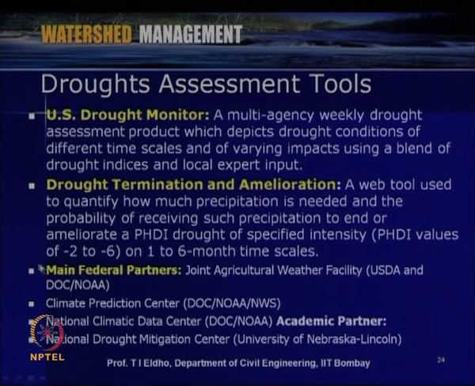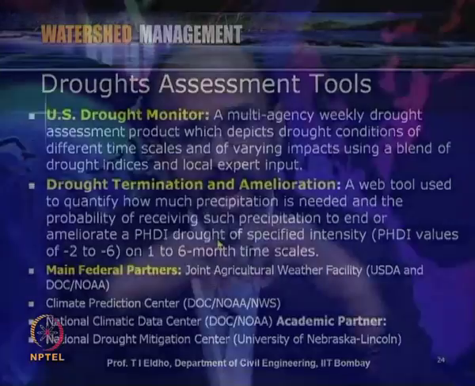Generally, many agencies in the United States, like the Joint Agricultural Weather Facility of USDA, NOAA, the Climate Prediction Center, the National Climate Data Center, the National Drought Mitigation Center, and various universities, have come together to build this drought monitor by considering the various indices and the various patterns and changes.